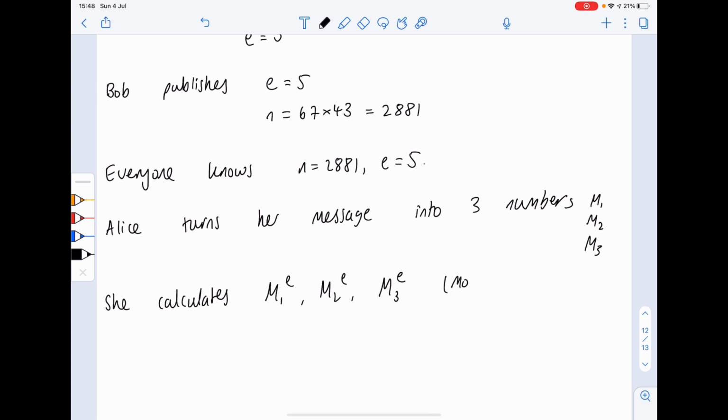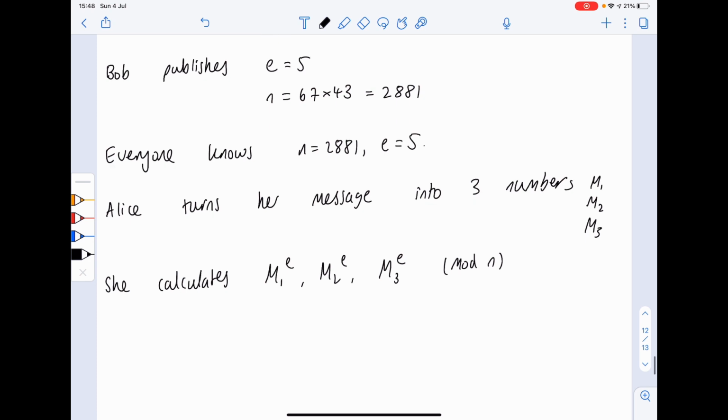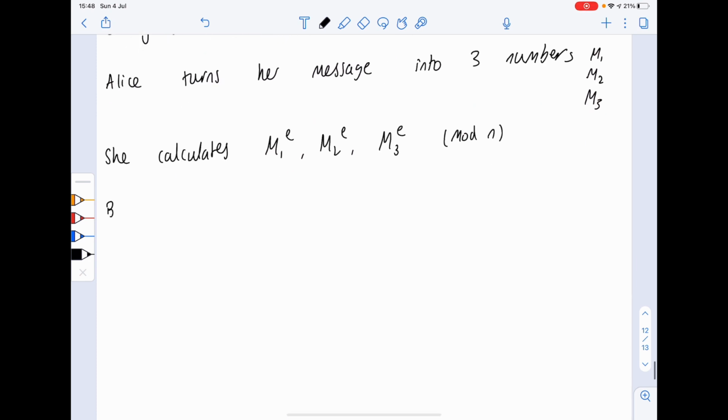And this is all modulo N. And then she publishes these messages. So Bob hears these messages. Now, this is where the weird bit happened in the explanation of how this works.